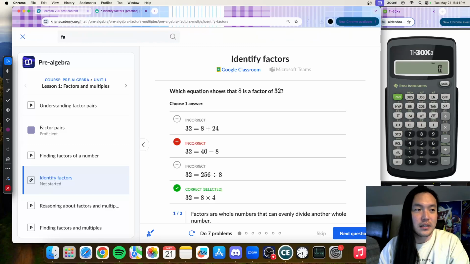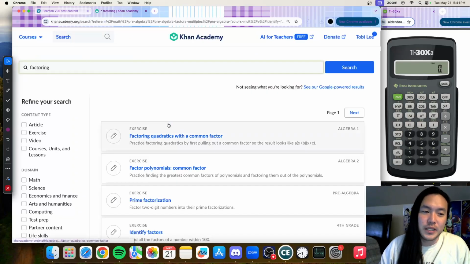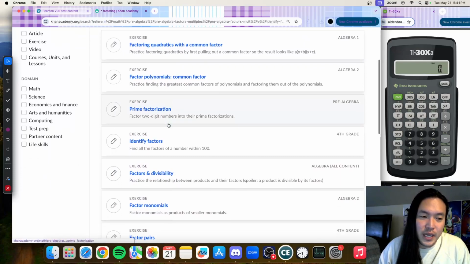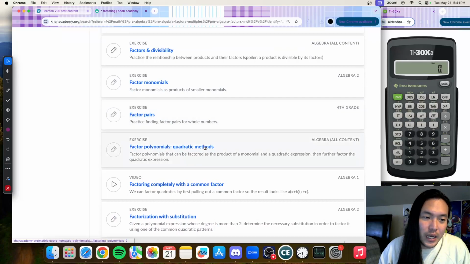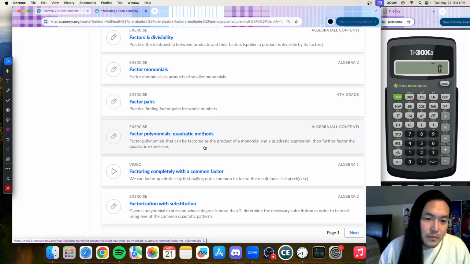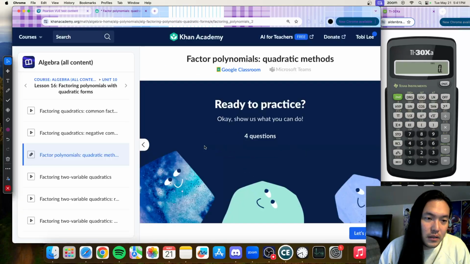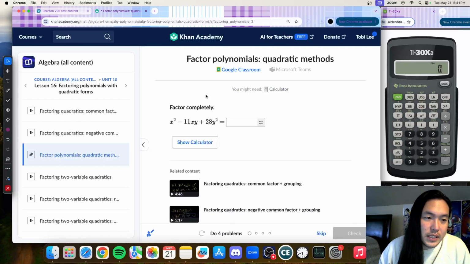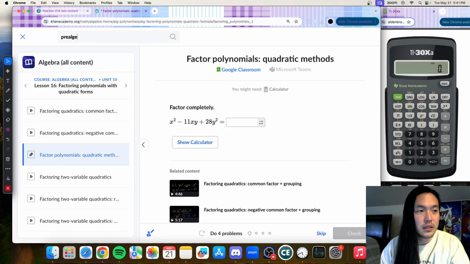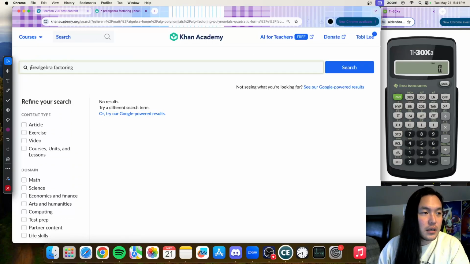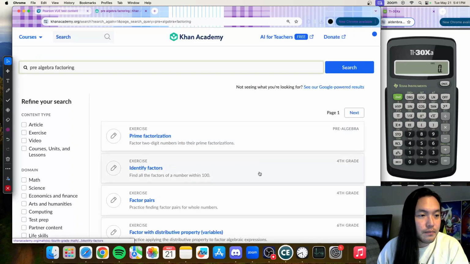These are the skills that have been developed by the greatest minds in human history for the last 2,000 years. And they've really boiled it down to as simple as you can get it. And you just need to do it.